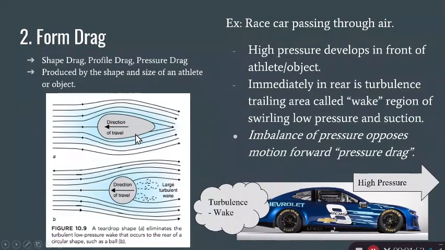For example, up top here, this object which tapers off towards the end, air flows very nicely past this object. Versus a ball, a sphere shape, it doesn't flow very nicely along that shape, okay? The fluid will flow and then it'll come off, creating this turbulent wake behind the object.